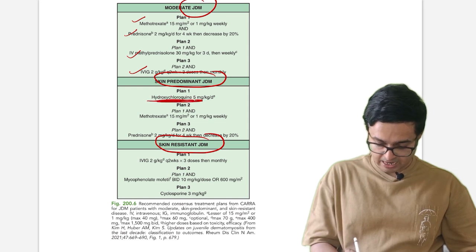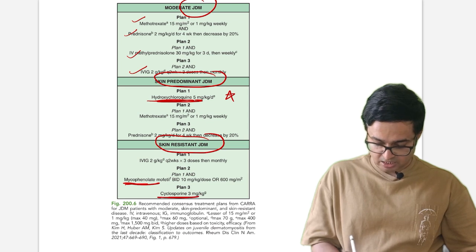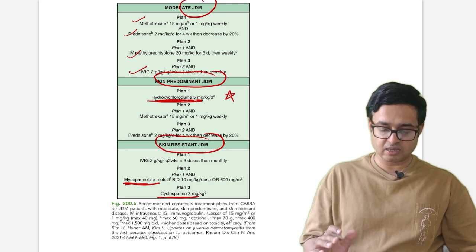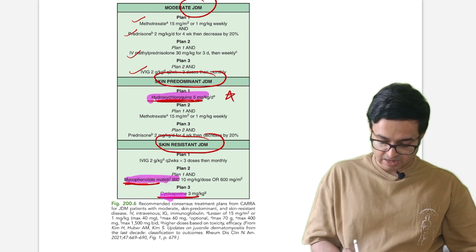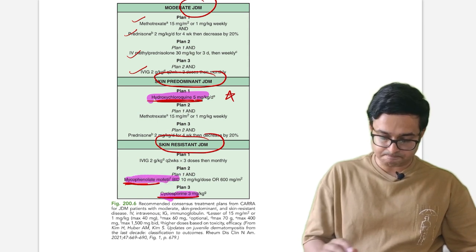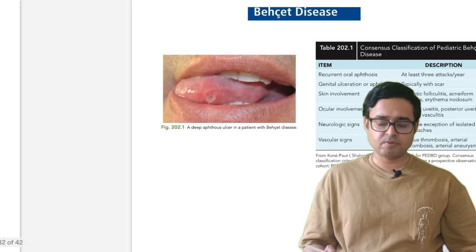So this is the added thing in this, and MMF and cyclosporine are used in skin resistant JDM. Just remember these two, hydroxychloroquine and MMF and cyclosporine. Okay, you need not remember all the doses, just right before the exam.